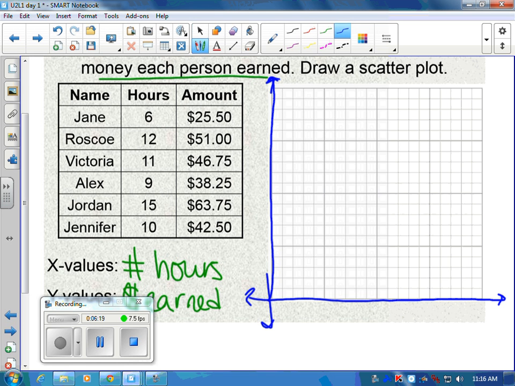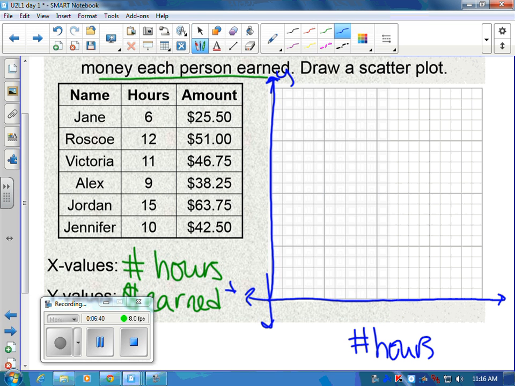The next thing that we need to do is we need to label each of our axes. So we've got our x and we've got our y. And we need to label these in words. We've already said x values is the number of hours. So I'm going to put on my graph, what does this x-axis represent? It represents the hours that I've worked.